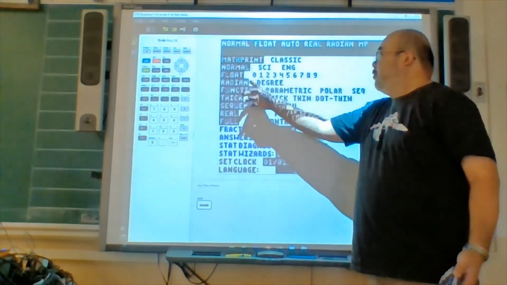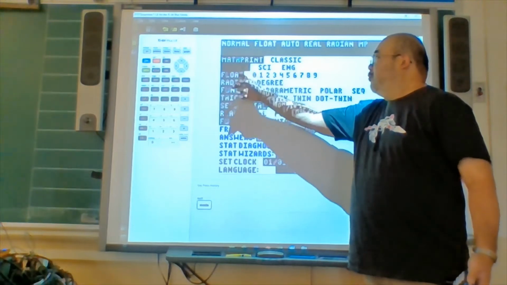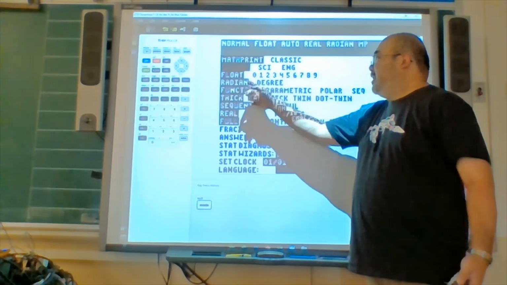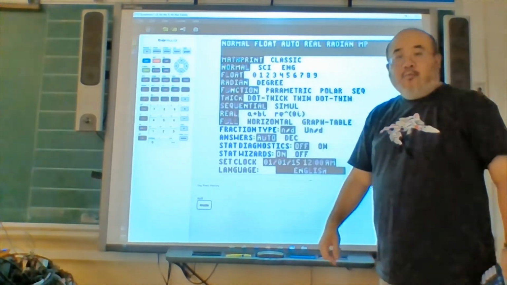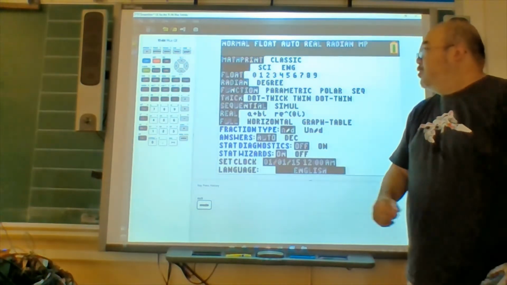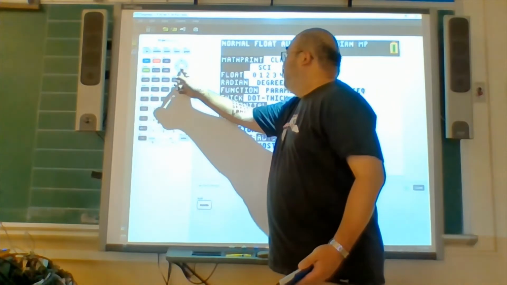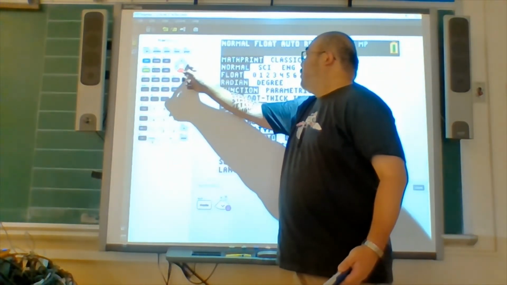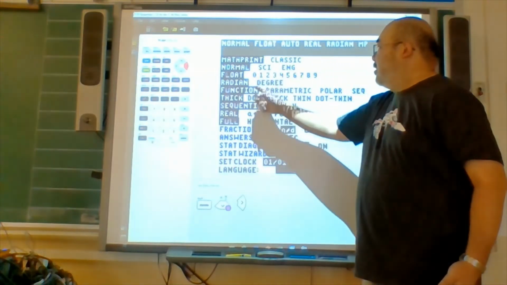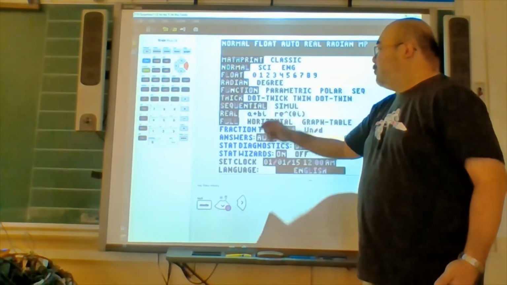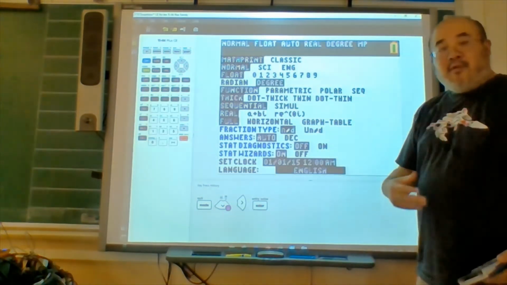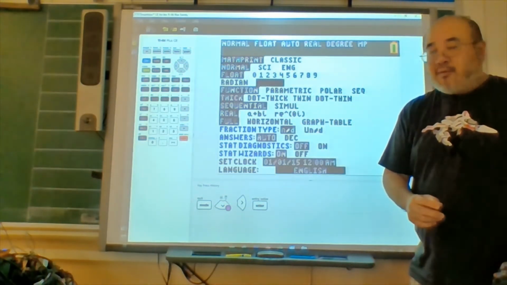Notice that on the third row, after the blinking cursor, radian is highlighted. We want to get to degree. So we're going to move the cursor down to the third row, and then over to the right where the cursor is highlighted over degree. Please hit enter. And now we're in the correct mode of degree mode.